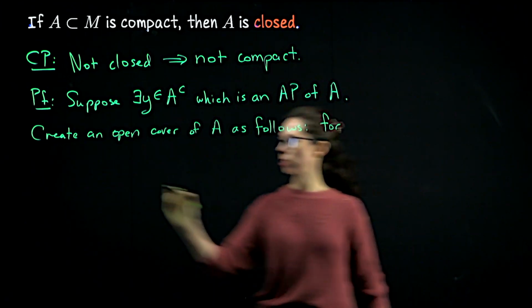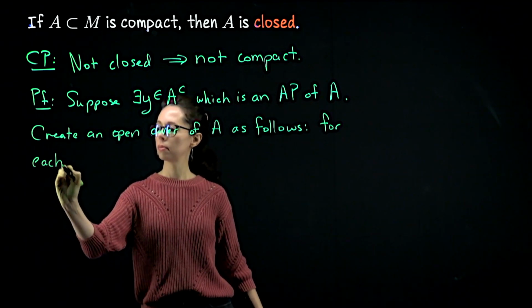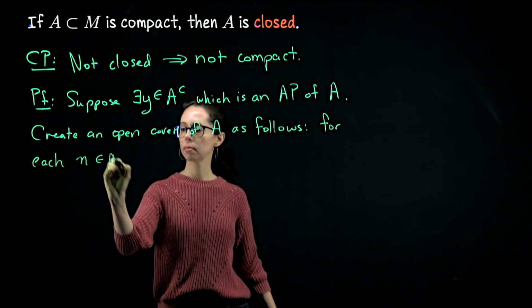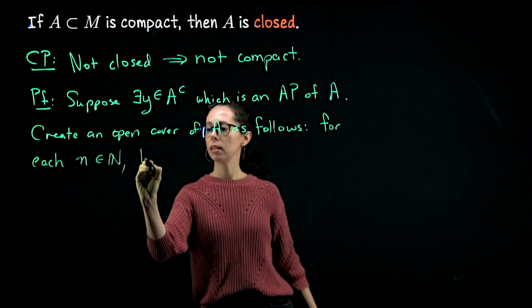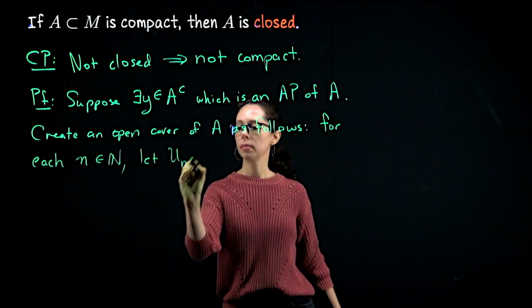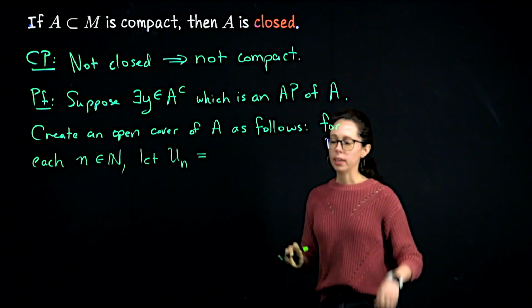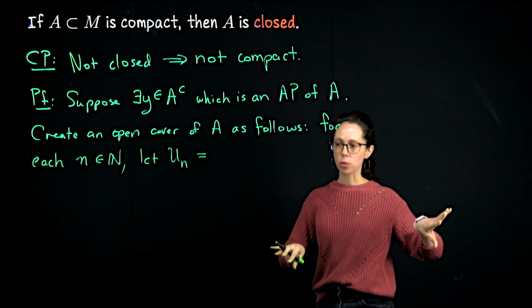So for each natural number n, let U sub n be an exterior neighborhood around y.